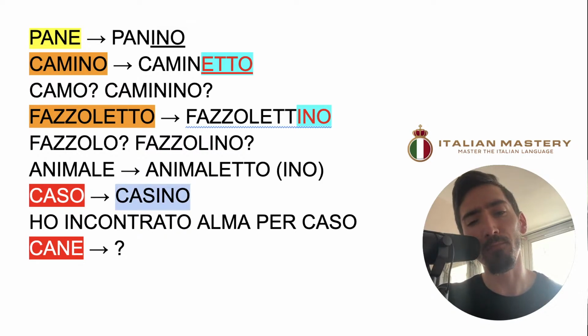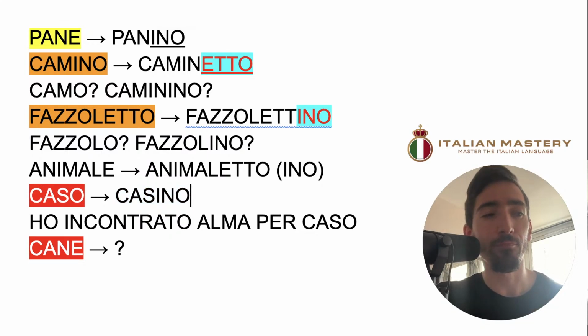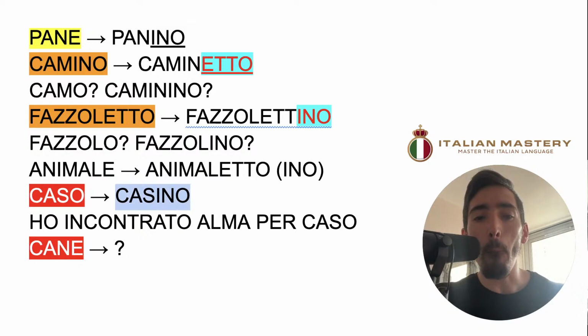Casino is a word that basically means a mess, a bloody mess, right? It's almost like a swear word. Again, you wouldn't find this in books, or you would find it in certain books, I guess. It means mess.